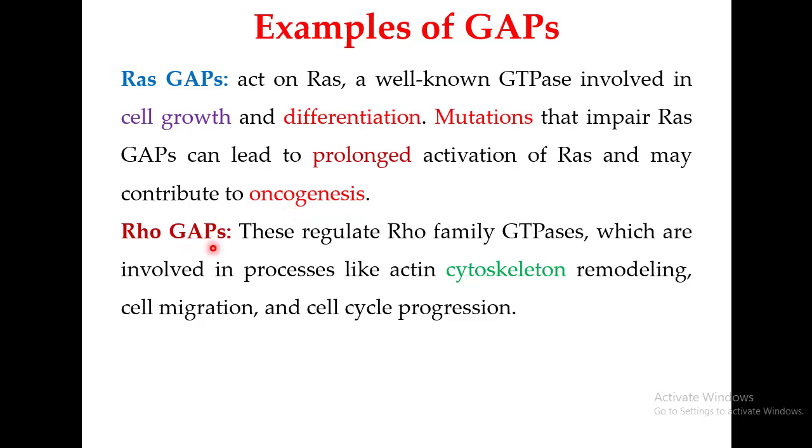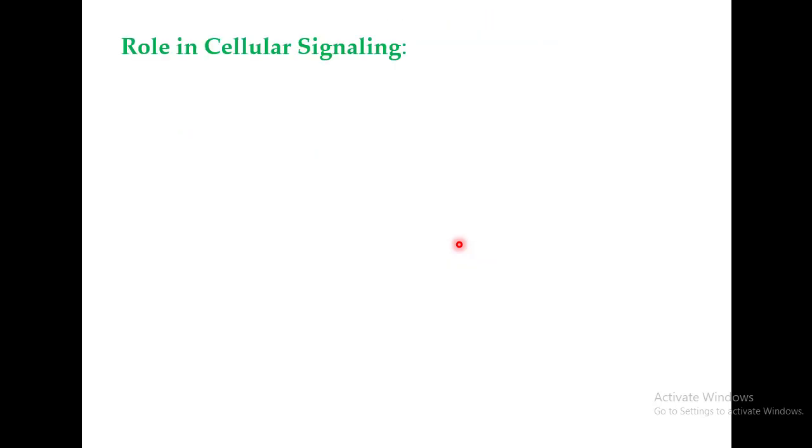These Rho GTPases are a very important family, involved in actin cytoskeleton remodeling, cell migration, and cell cycle progression. So these are two important examples of GAPs. The RAS GAPs are going to act on the RAS protein. The Rho GAPs are going to act on the Rho family GTPases.